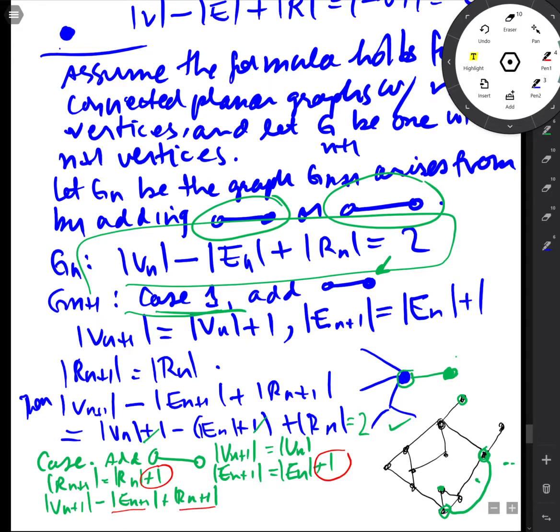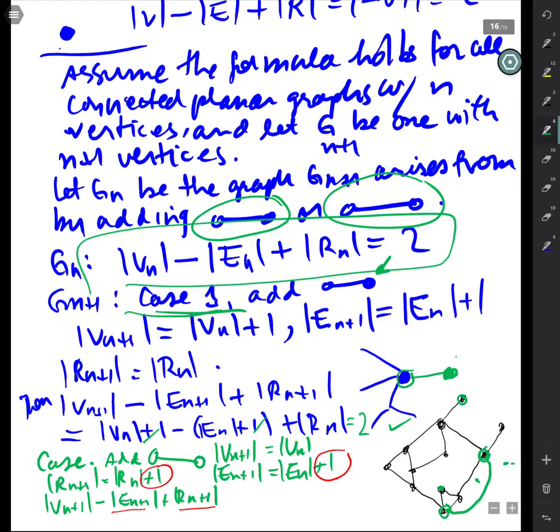So in fact, when we complete that computation, we'll simply get the number of old vertices minus the number of old edges plus the number of old regions, because the one that we're subtracting in this term and the one we're adding in this term will cancel, and we'll still get 2. So that completes the induction step, and therefore completes the argument that Euler's formula always holds in the context of a connected planar graph.